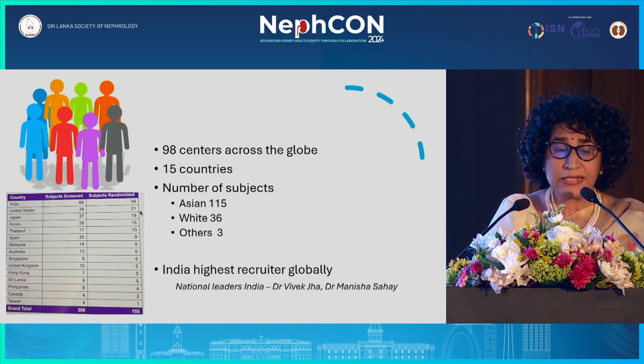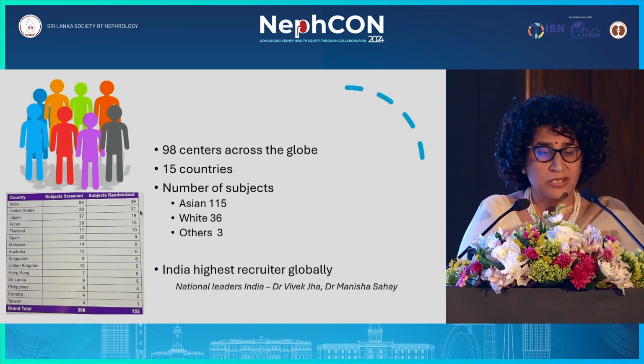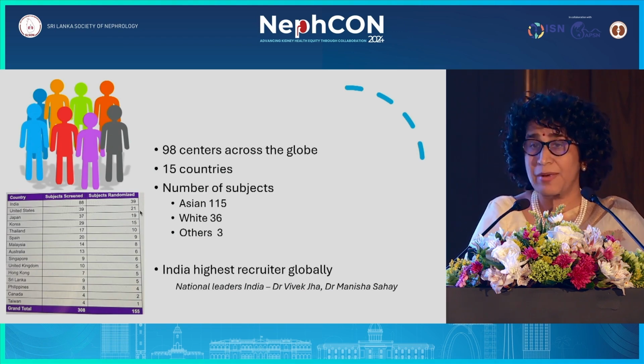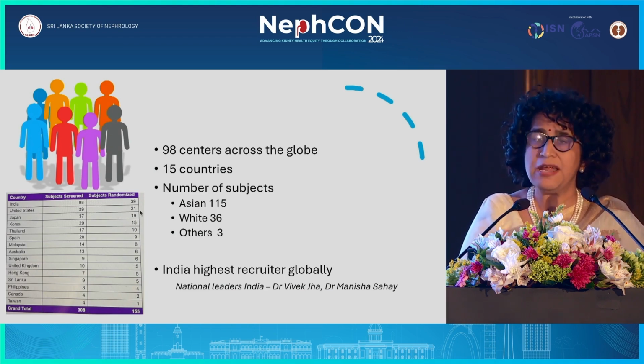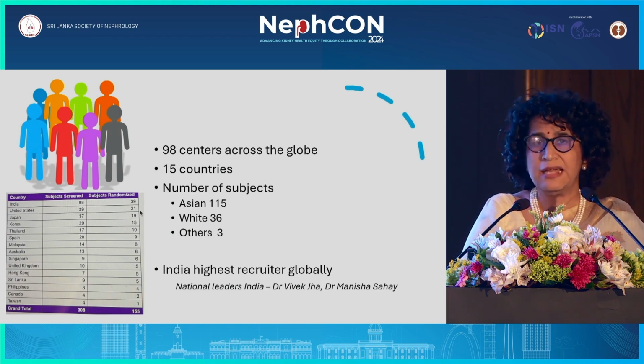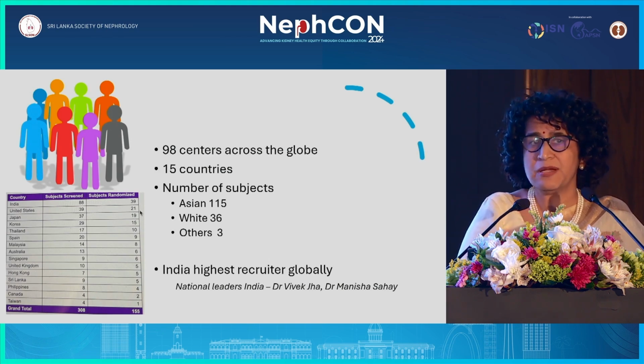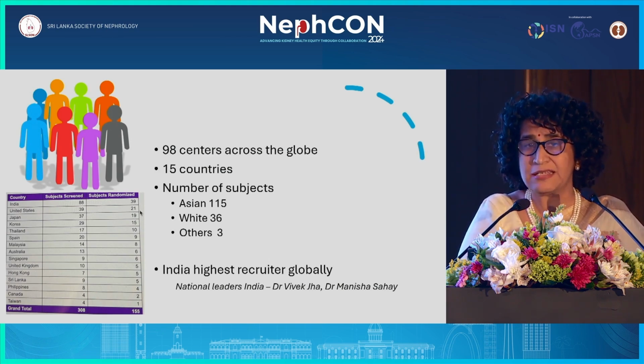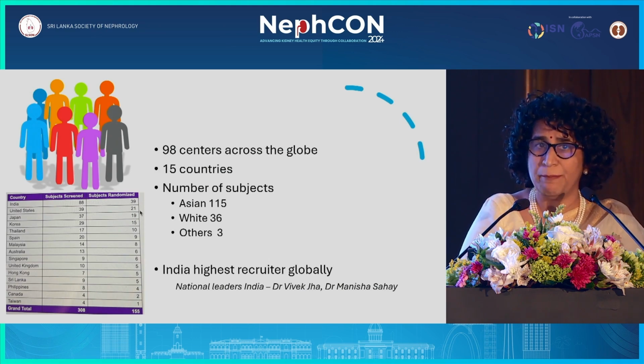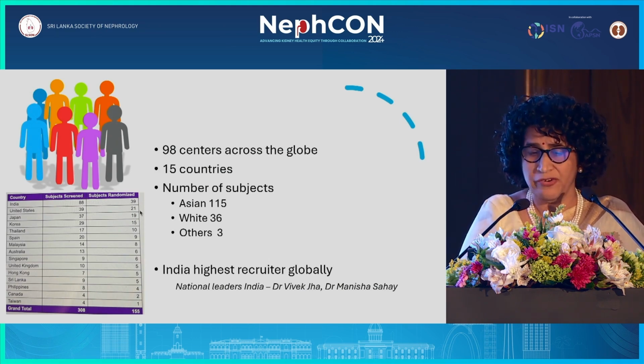And you can see Sri Lanka also screened 9 patients and randomized 5. So we were very much part of this trial. And I am happy to say that India was the highest recruiter globally. This was my first opportunity to participate in a trial as national leader, and I was very happy, along with Dr. Jha, that we could give a substantial contribution.